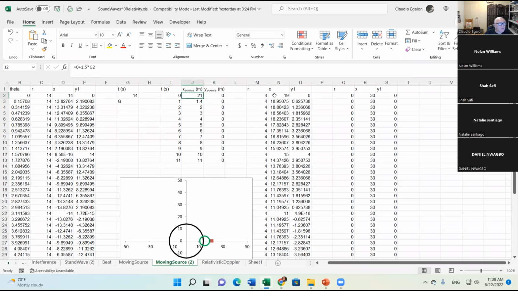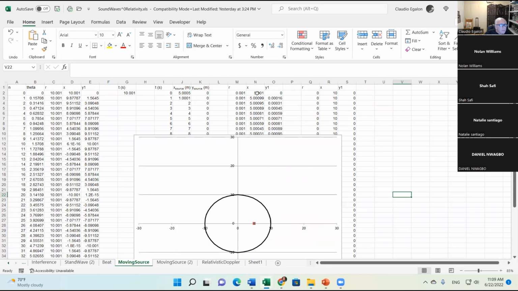Y source is at 0. Yeah, okay, so let's keep it like that. I cannot figure out how to change it.